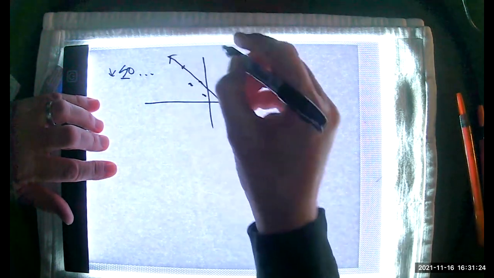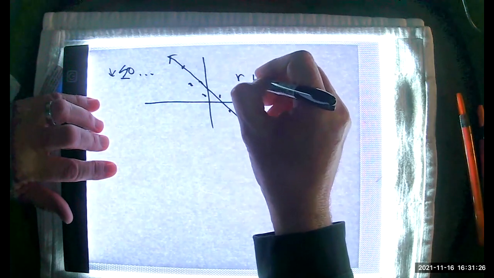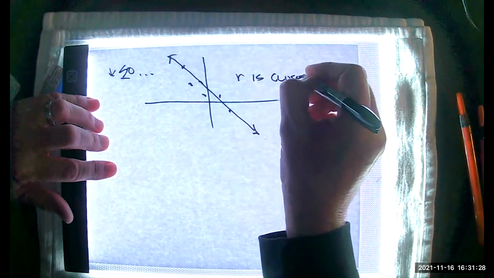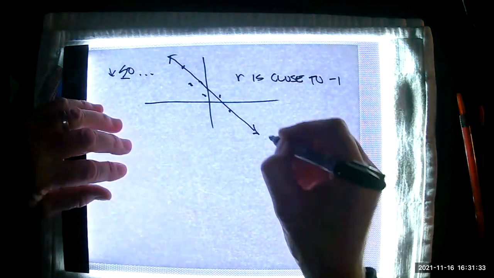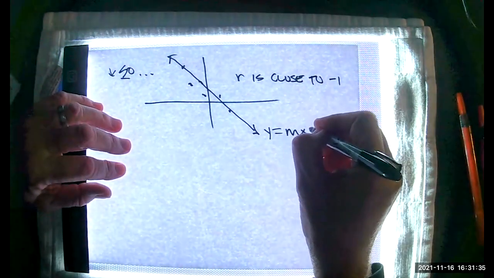And it was a pretty tight correlation. So for here, R will be close to -1. I have no idea what the equation of that line is. This is the line of best fit.